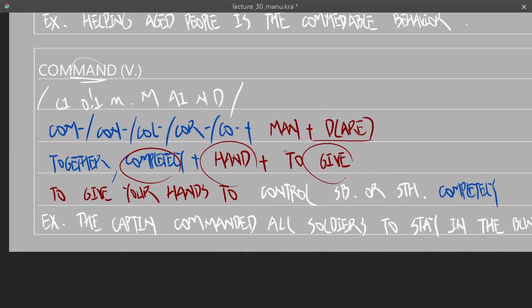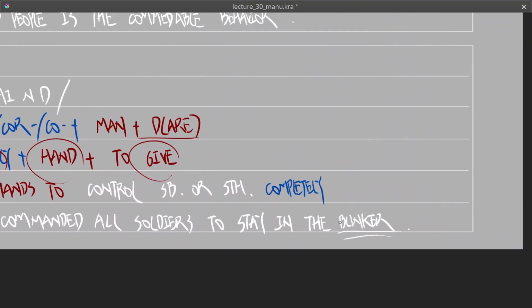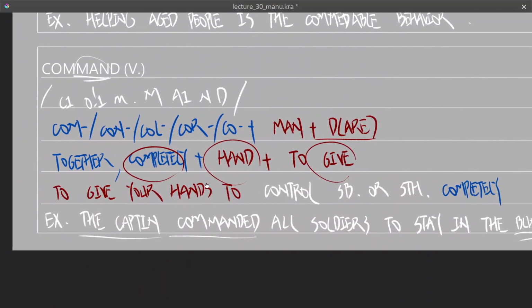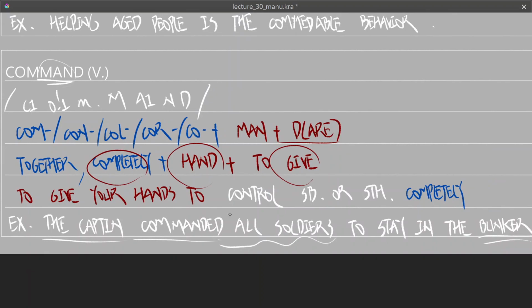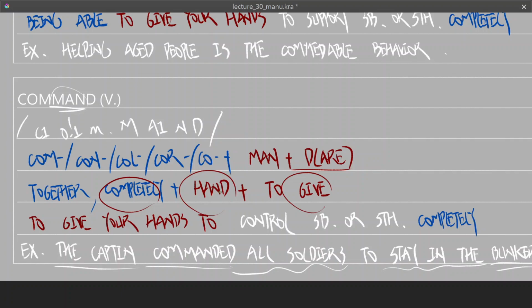Right. The captain commanded all soldiers to stay in the bunker. A bunker is a strong fortified shelter. Captain commands somebody to do something. Alright, command.